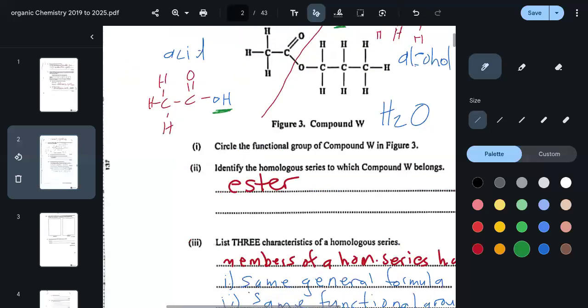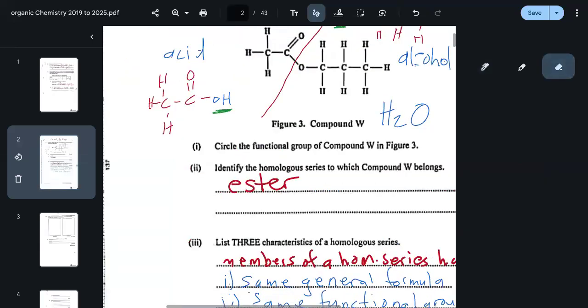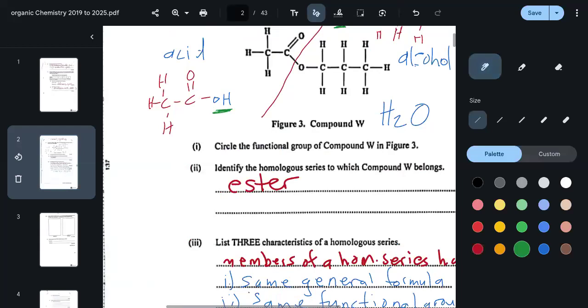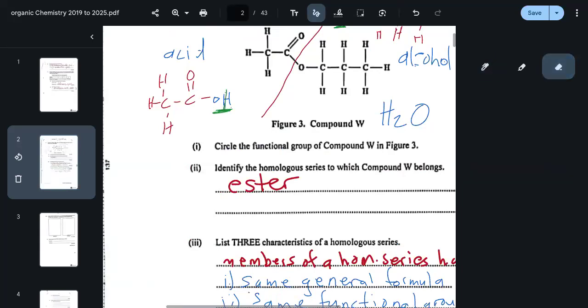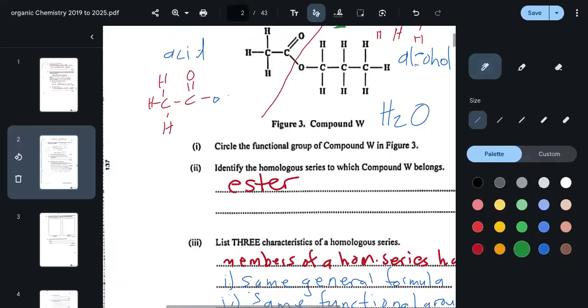If you were using an alkali, such as sodium hydroxide or potassium hydroxide, do not put on the H on it. All right? You only put back the H if you hydrolyze it with an acid. But if you hydrolyze it with an alkali, for example, sodium, you're going to put the metal instead of hydrogen.